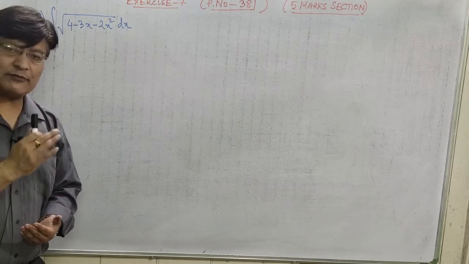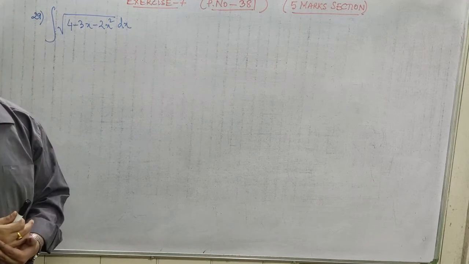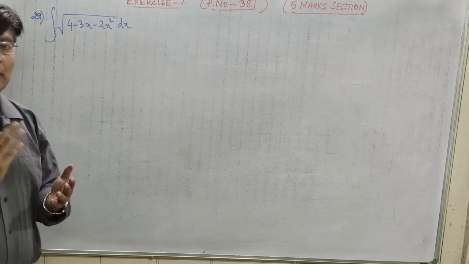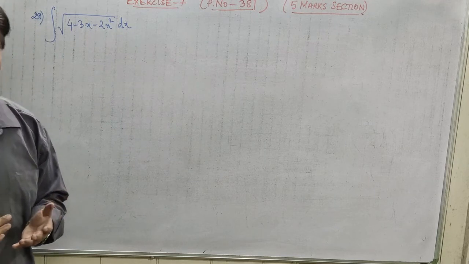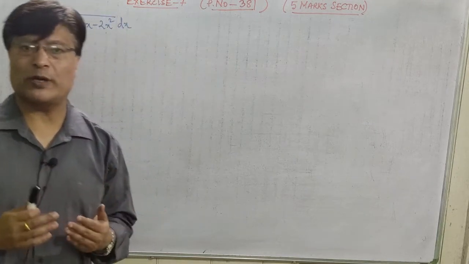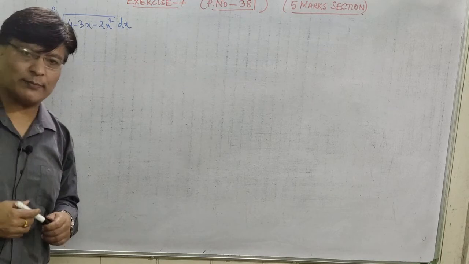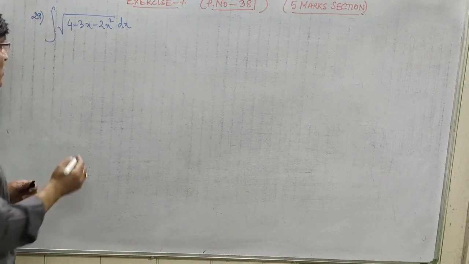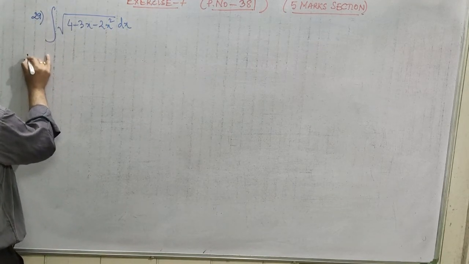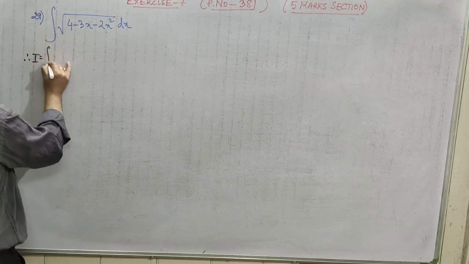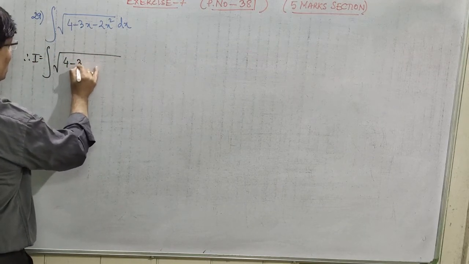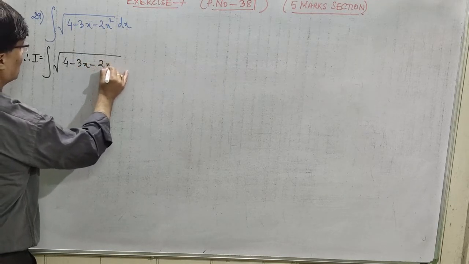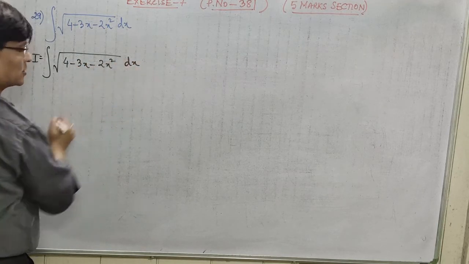Okay, so after making the coefficient of x square positive 1, you have to convert the terms containing x square and x into the form of a perfect square, that is a square plus 2ab plus b square, or it may be a square minus 2ab plus b whole square. Okay, so let us first write I is equal to the integration of square root of 4 minus 3x minus 2x square dx.